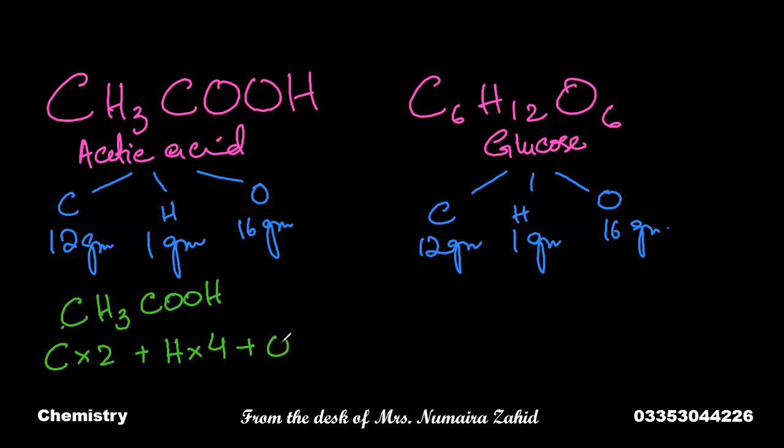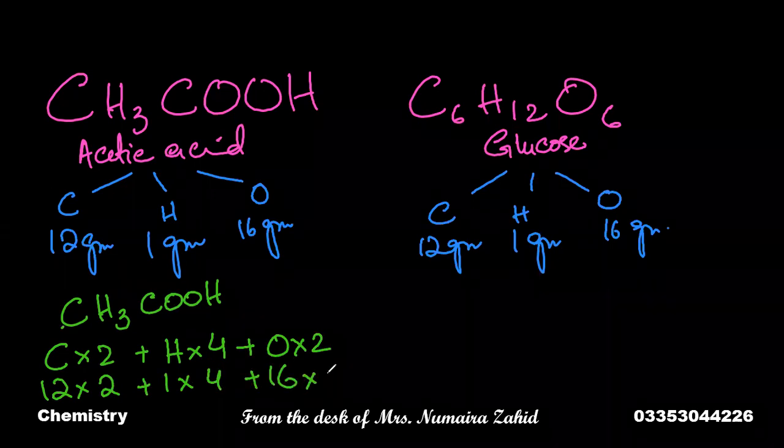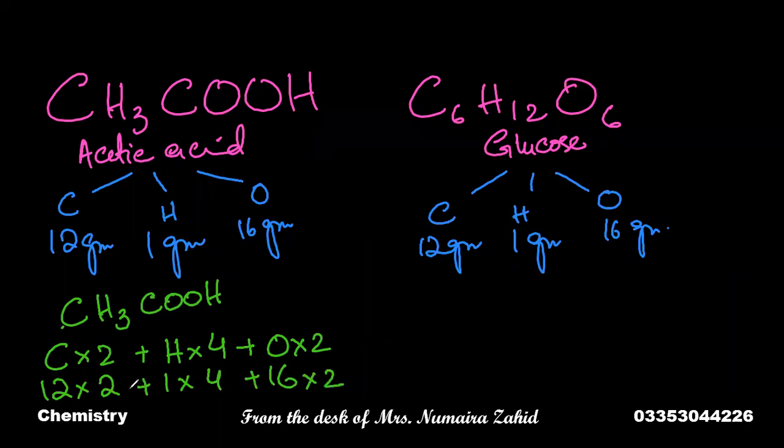Plus how many oxygen? Oxygen is 2. So 12 into 2 plus 1 into 4 plus 16 into 2. It becomes 24 plus 4 plus 32. So what do we get? 24 plus 4 plus 32 gives us the value of 60 grams. Okay. So the molar mass of acetic acid is 60 grams.